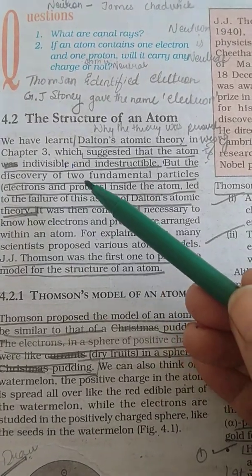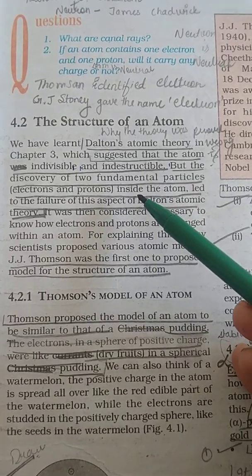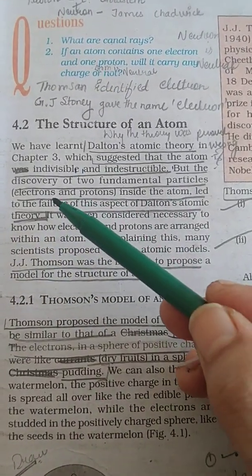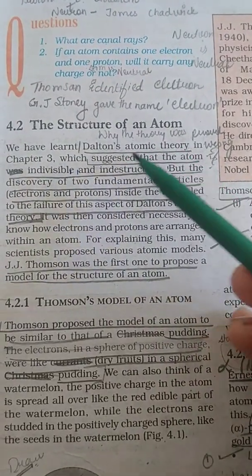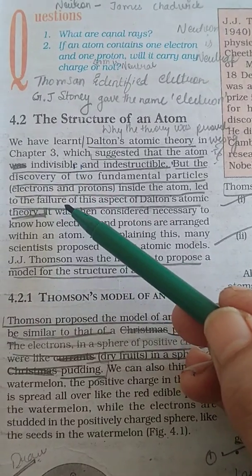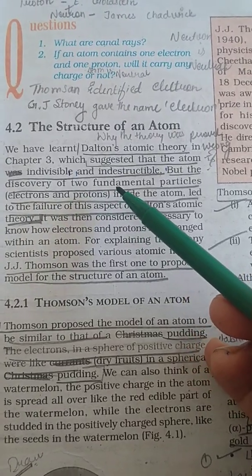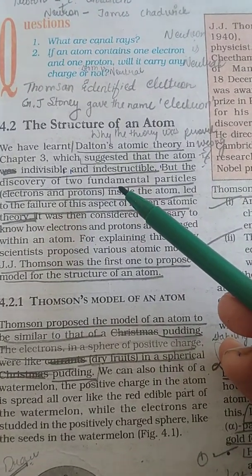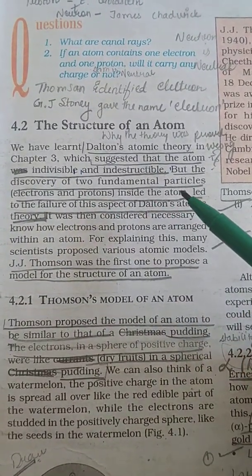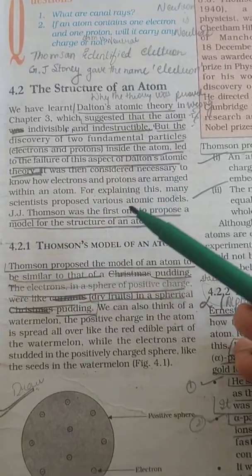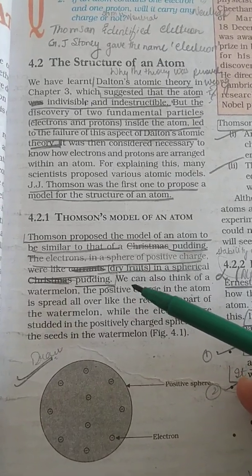But when 2 fundamental subatomic particles, basic particles, were found inside the atom as electrons and protons, the postulate of Dalton's atomic theory that atoms are indivisible failed. So the scientists started studying the structure of an atom, and various models were suggested by them.